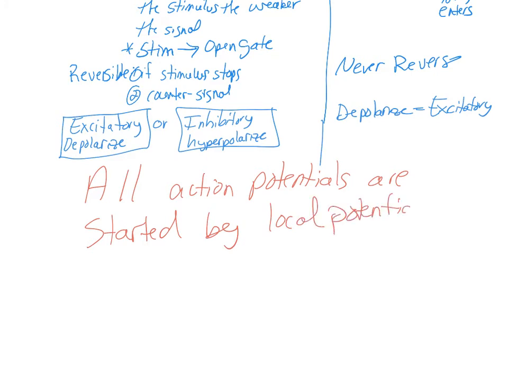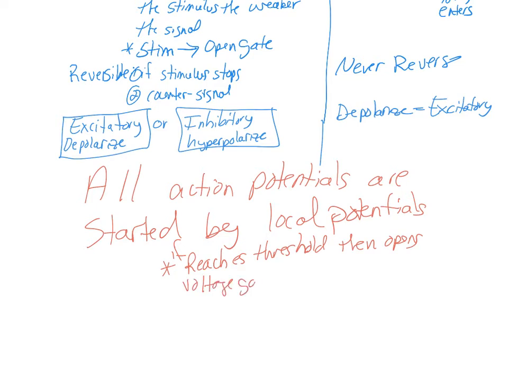You can't start an action potential unless you open a gate and you try doing a local potential. So if the local potential reaches threshold, then it opens voltage gates and you get an action potential. Okay, let's look at the next slide.